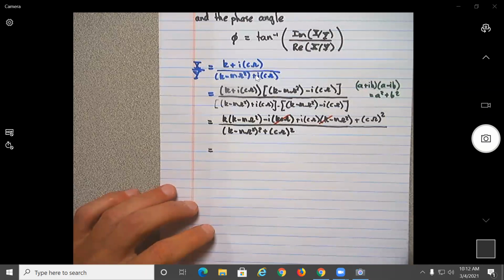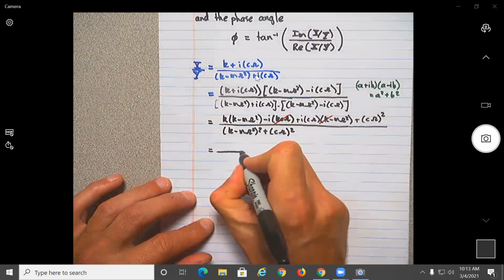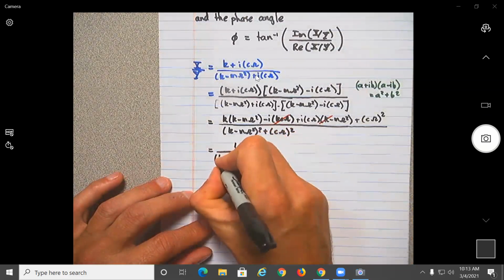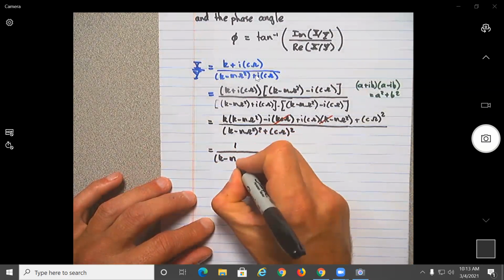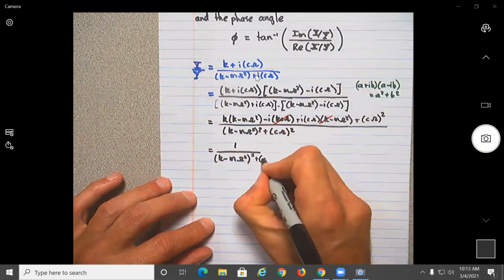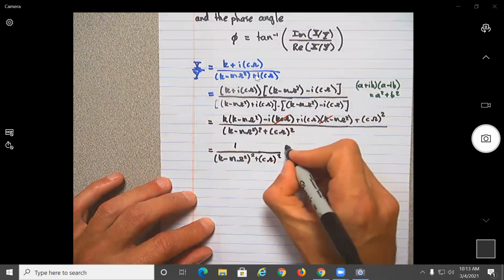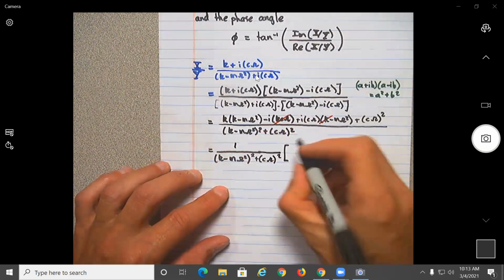So that at the end, what you're going to have is, the term on the denominator is not going to change because that's just already now a real value.